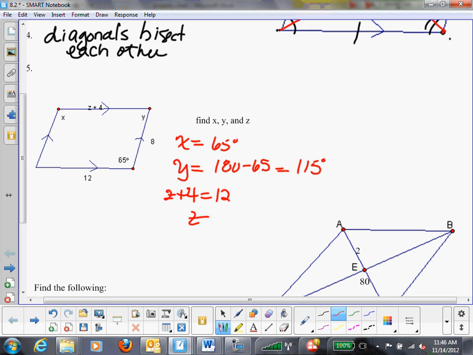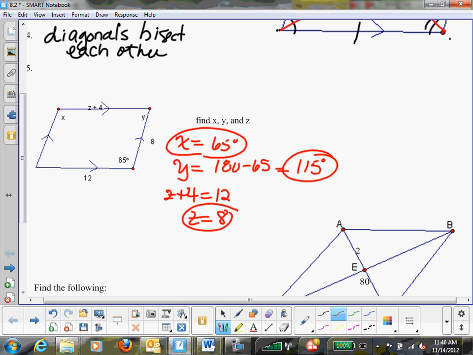Therefore, z is equal to 8. Okay. I had to think for a second because I know my basic math skills aren't always good, but I didn't think it was 3. Athena? I said I don't remember what I wanted for number 5, so if I remember, I'll come back.